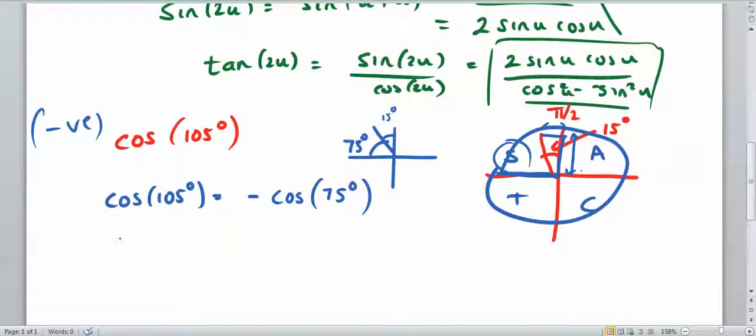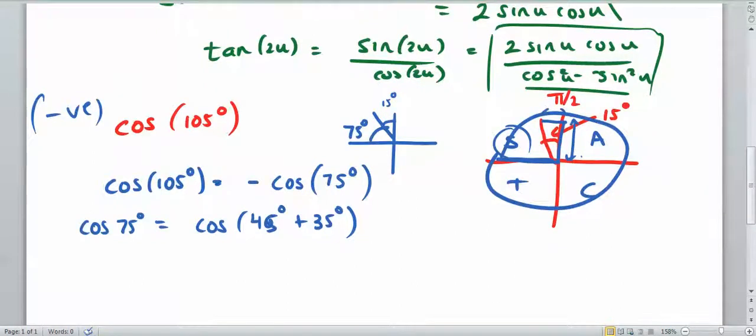Now let's sort of break it up. Cos of 75 degrees, I'm going to do a bit of a side note, is equal to the cos of 45 degrees plus 30 degrees. Now, is this looking a little bit familiar?